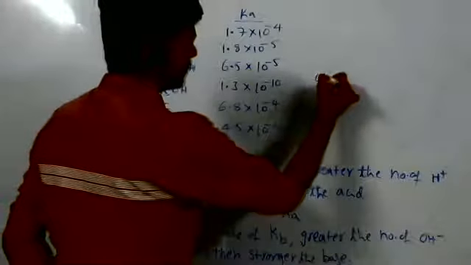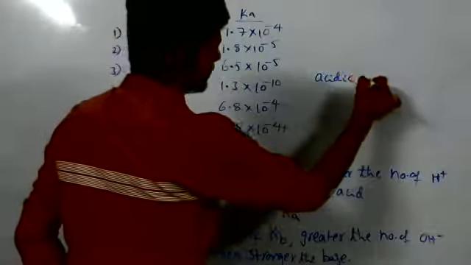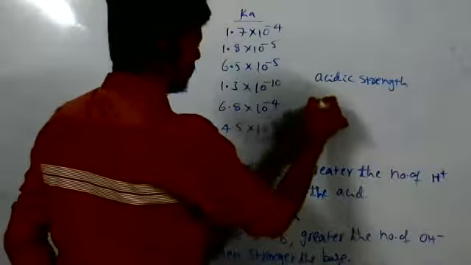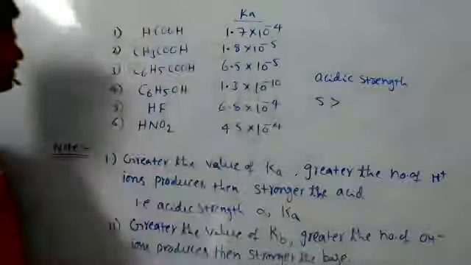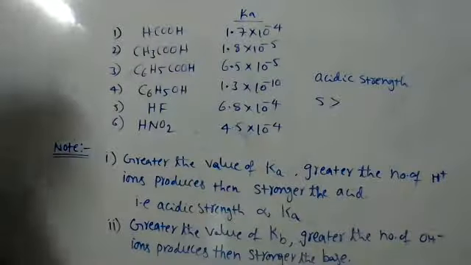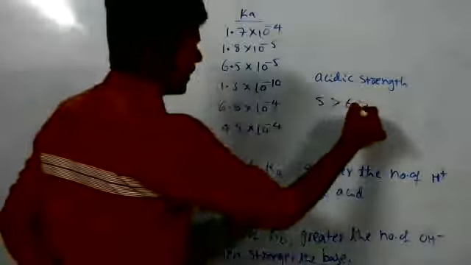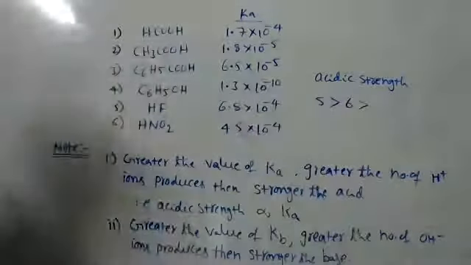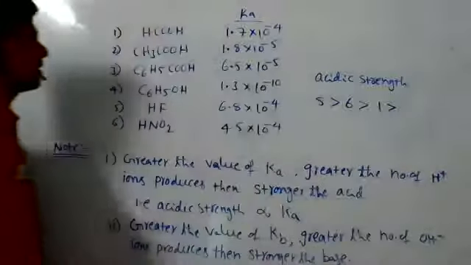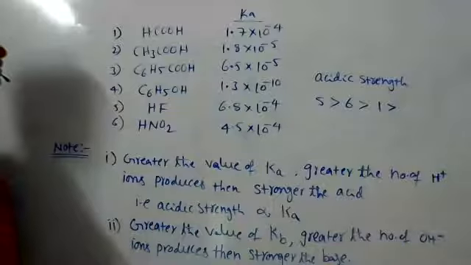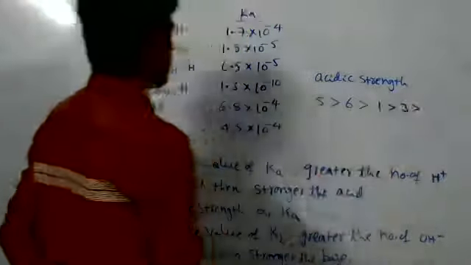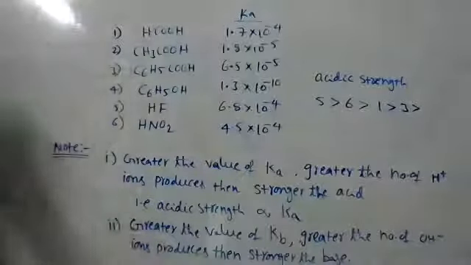So acidic strength: 5 is greater than, after that HNO2, number 6, then the first one, then the third one, then the second and then the fourth.